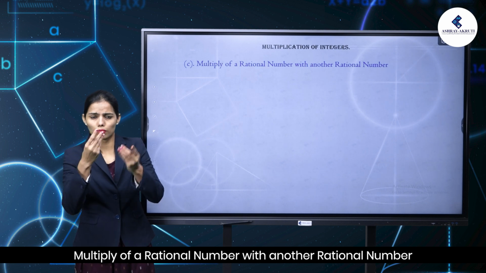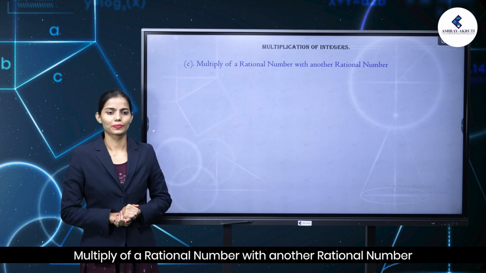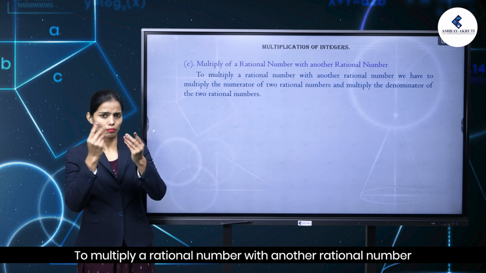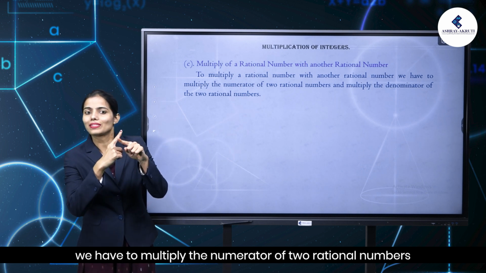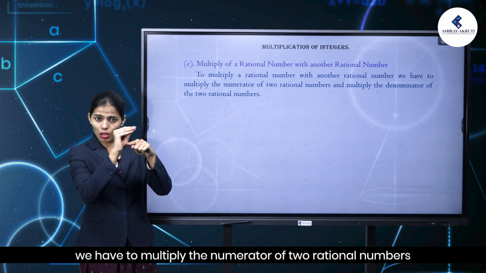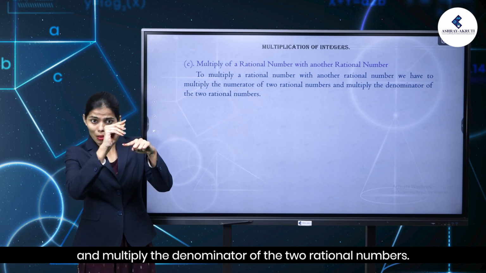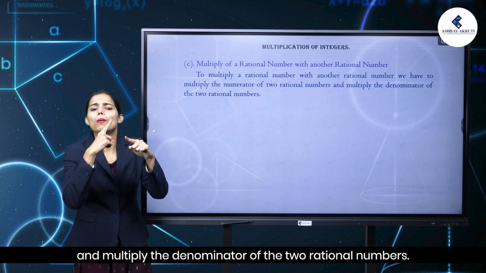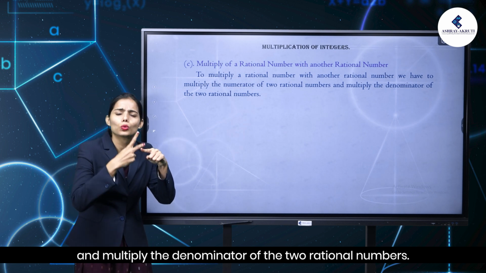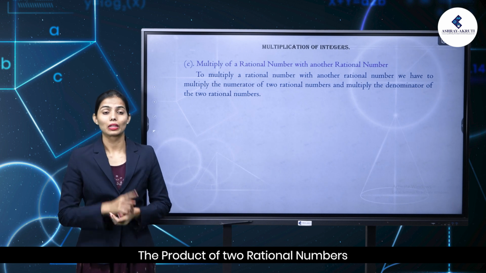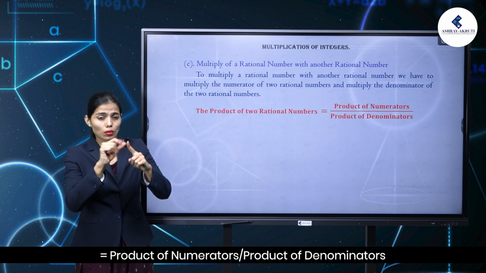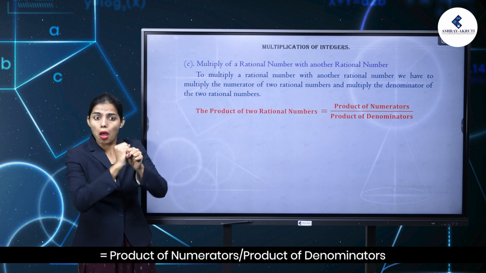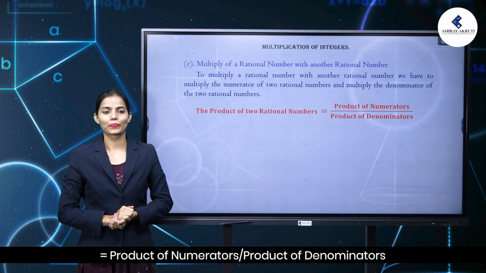Multiplication of a rational number with another rational number. To multiply a rational number with another rational number, we have to multiply the numerators of the two rational numbers and multiply the denominators of the two rational numbers. The product of two rational numbers is equal to the product of numerators by the product of denominators.